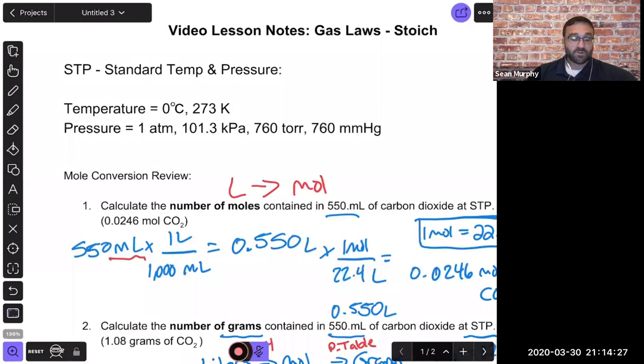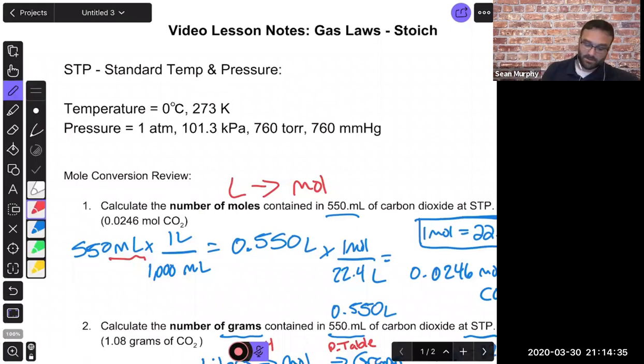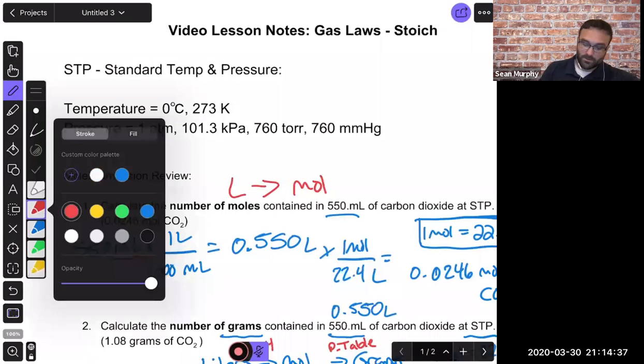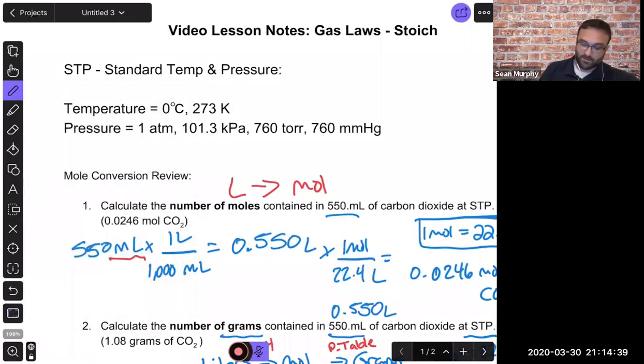When we use pressure, we remember we have to use a specific R, and when we use kilopascals, we have to use a specific R as well. So keep in mind, when we use atmosphere, our R value has to be 0.0821. And when it's kilopascals, we have to use 8.31.